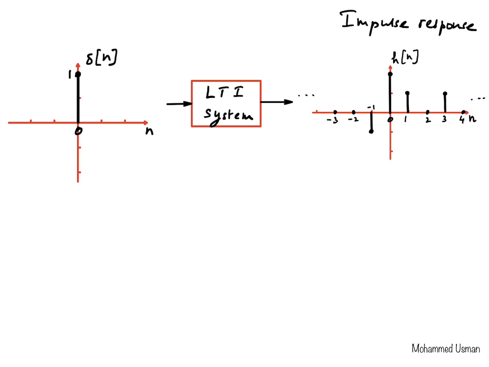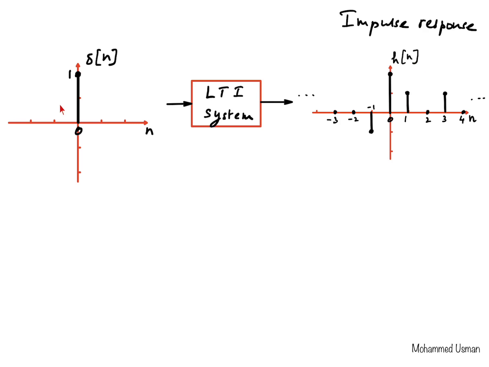Now the system is a linear time invariant system. What do we mean by time invariant? Recall from a couple of lectures back, one of the properties that a time invariant system satisfies is that if the input is shifted by a certain amount, then the output will also be shifted by the same amount. So when the input is delta of n, the output is h of n.